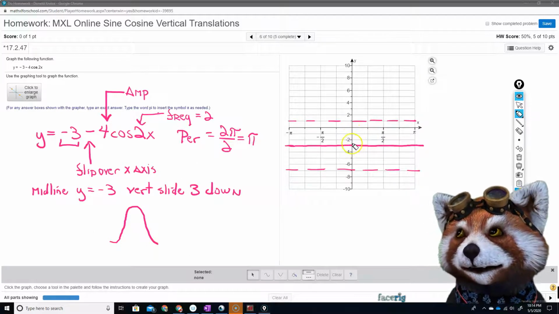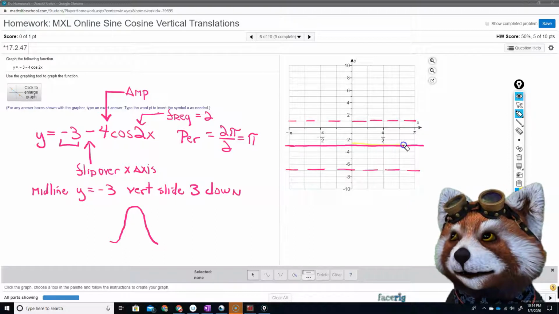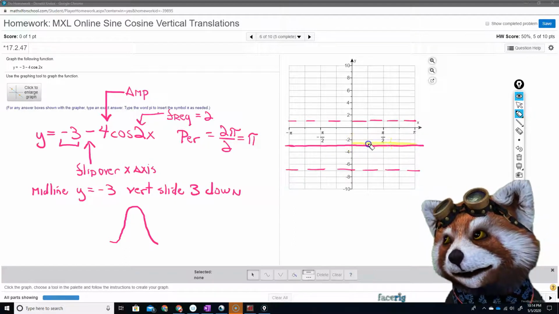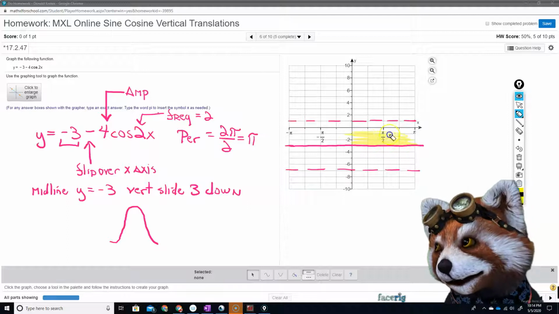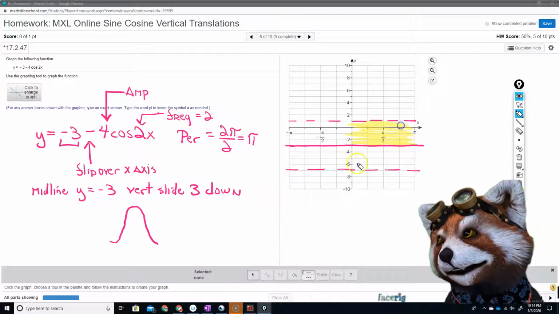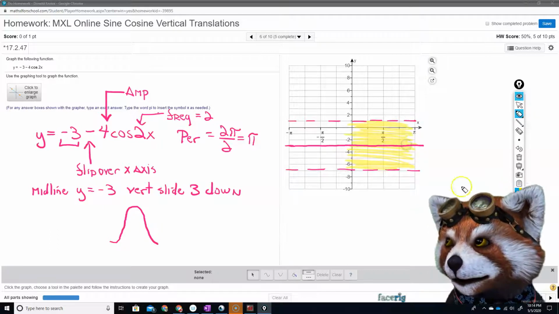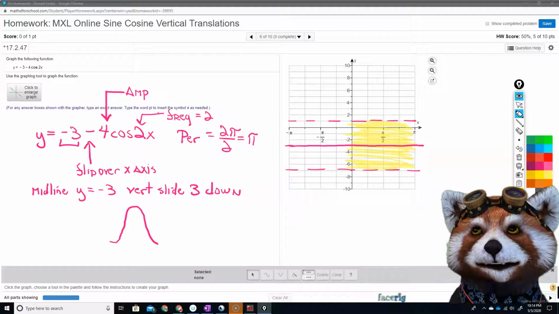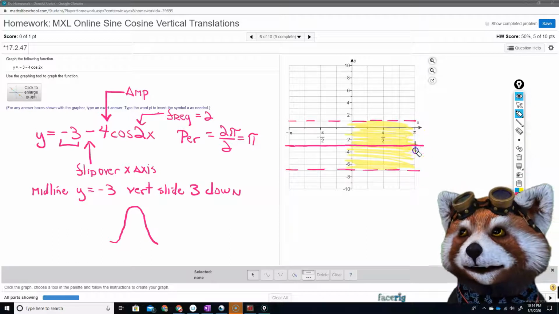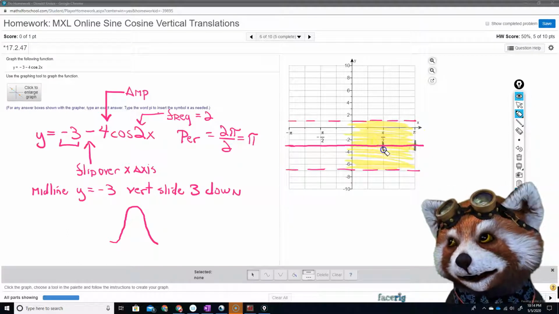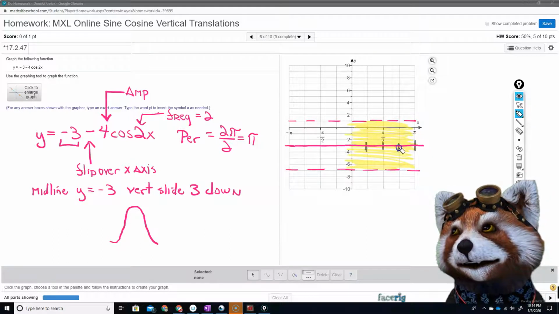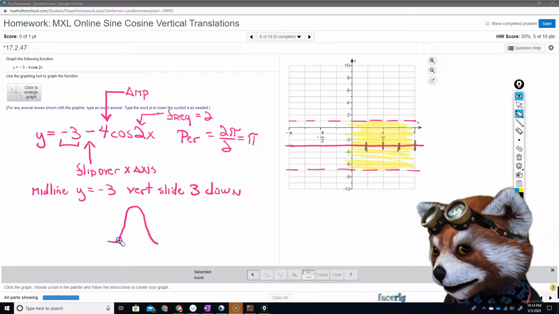So there's 0 and here's pi. So we'll see one cycle in this space here. Okay, so whatever that is, I divide it into 4 parts. And now I'm just going to draw this.